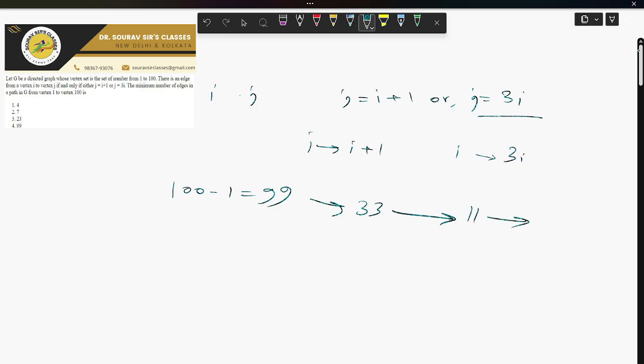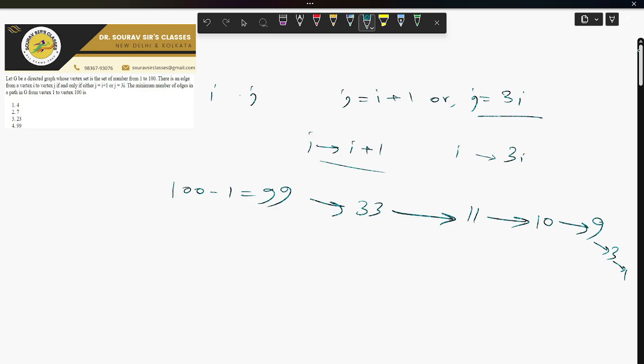After that we use the subtract 1 again, so we will get 10, and 10 is not divisible by 3, so we get 9. Similarly, 9 is divisible by 3, so we will get 3. As 3 is divisible by 3, by dividing with 3 we will get 1.